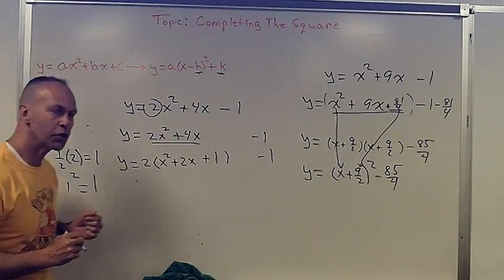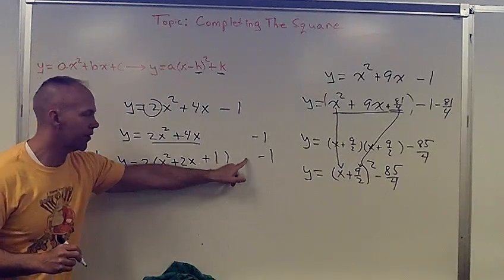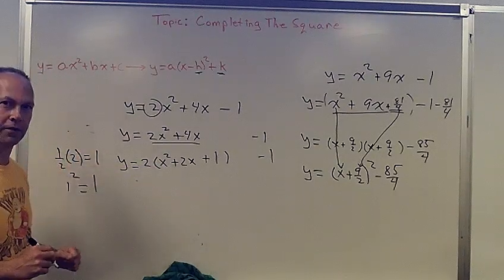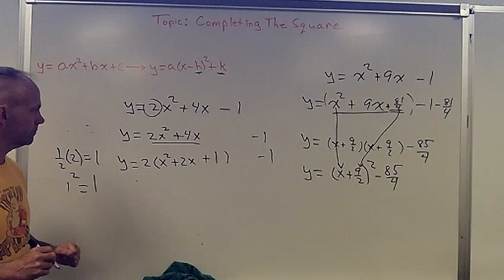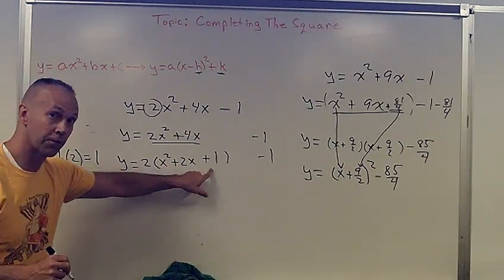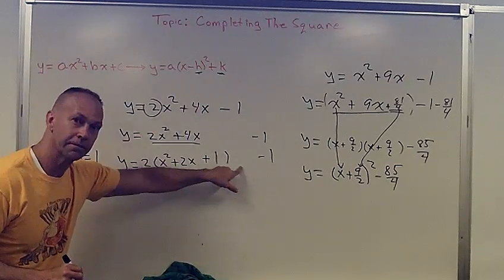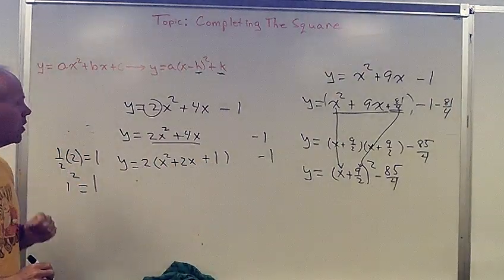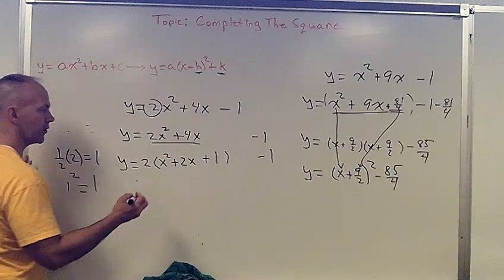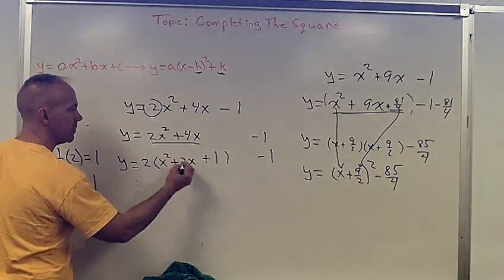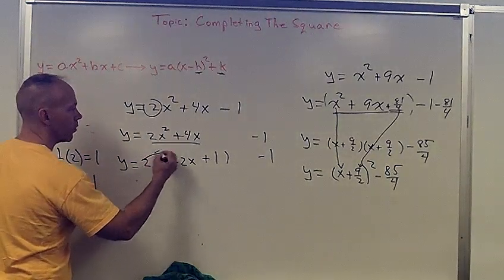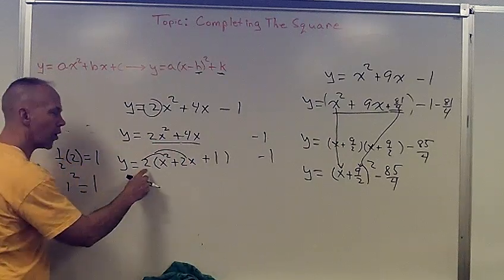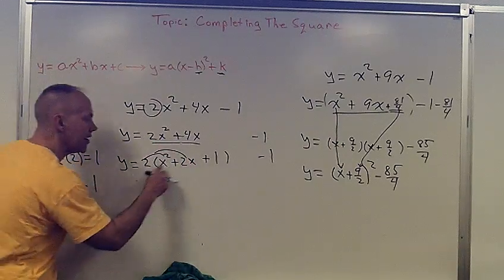Now, what should I introduce out here so that I keep my equation balanced? Introduce a +1 here. So what do I introduce out here? -1? Wrong. Because what I actually introduced, if I multiply this back through, I get 2x squared plus 4x plus 2. So what I really introduced here was a +2.